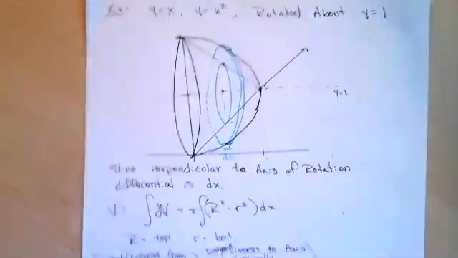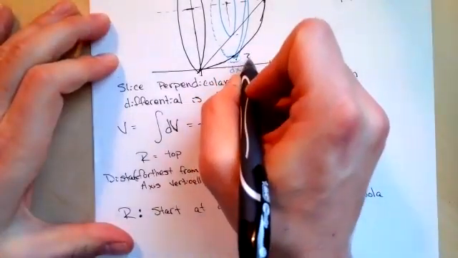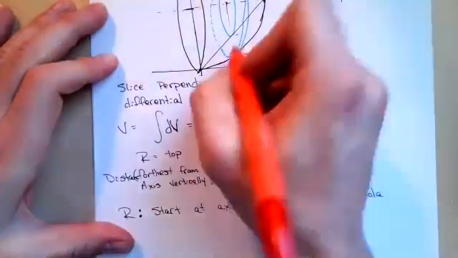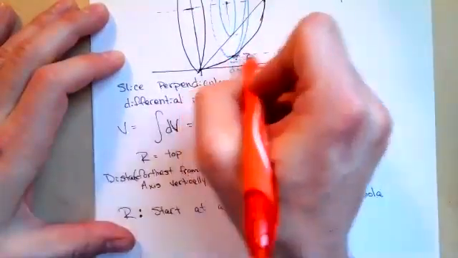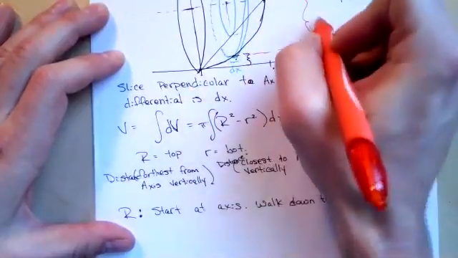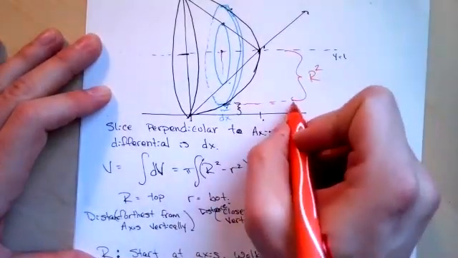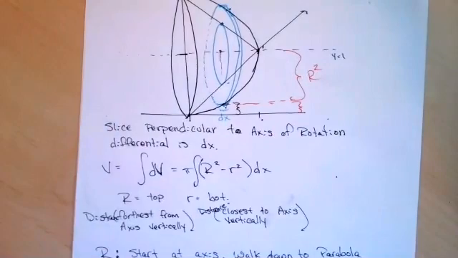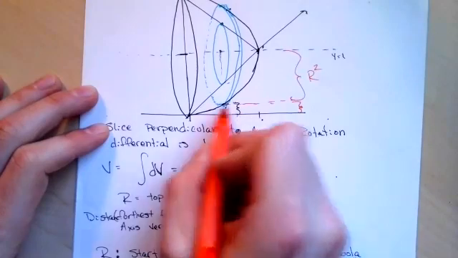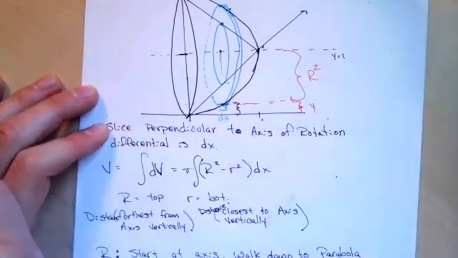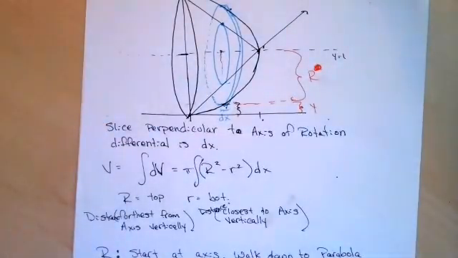So how do we find the distance between two curves or two functions? Well, we've got this distance here. Let's actually use some colors here. So let's draw a little line here. This distance is our big R, right? What is this distance here? Well, it's just from the x-axis up. That is a y value.